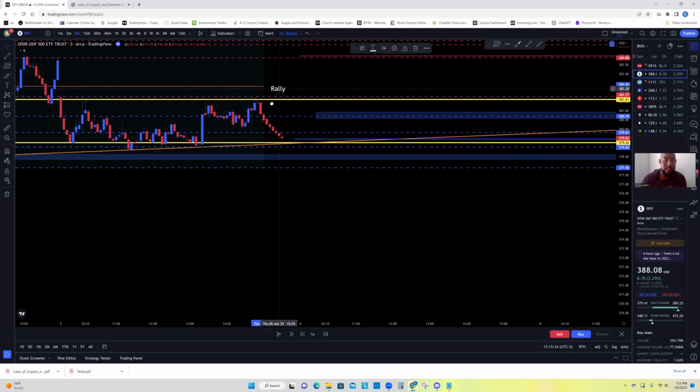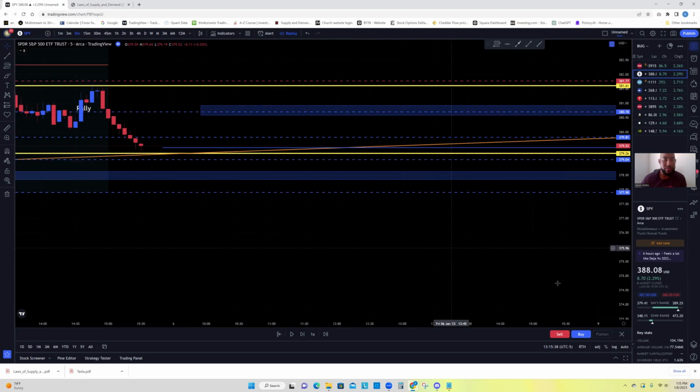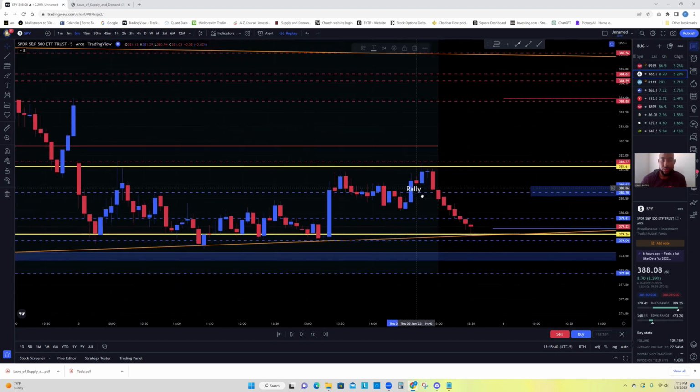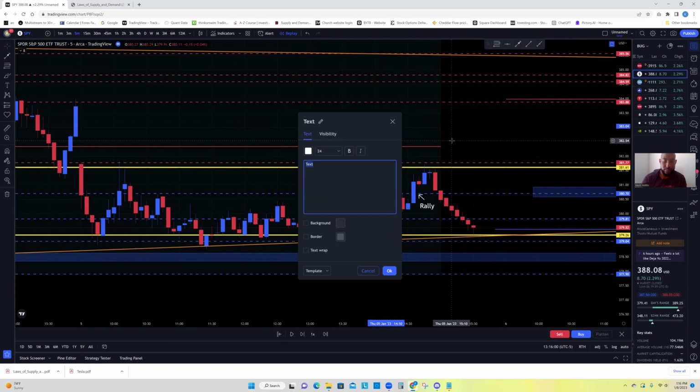You got a rally here. I'll make this big so we can see it. So we got a rally here, which is this candle here. Based on this candle, we got a rally, and then we got a basing candle here.